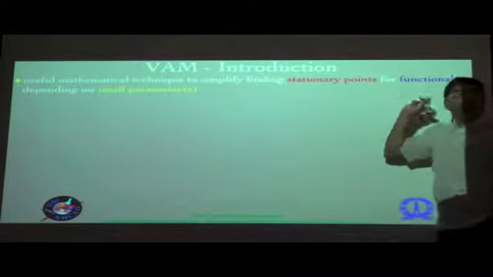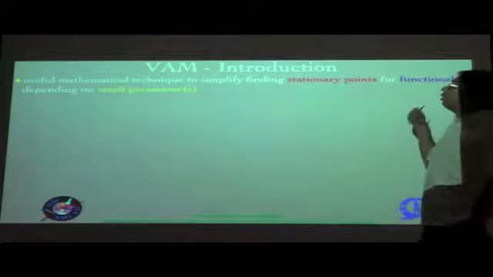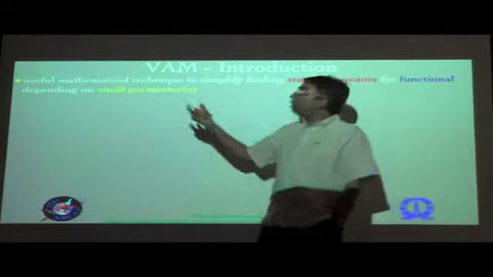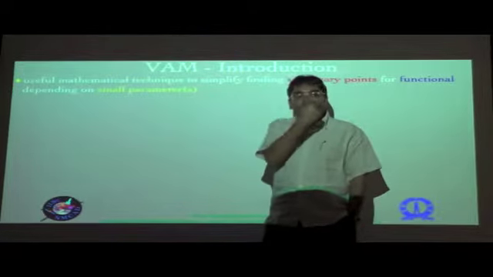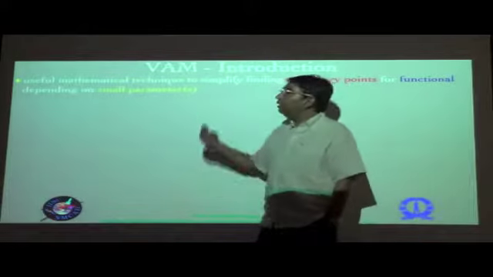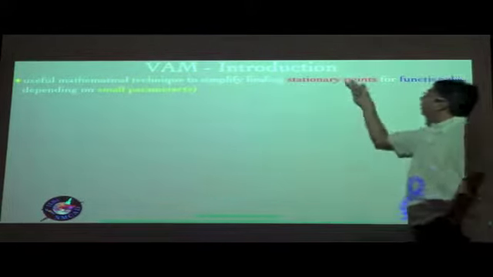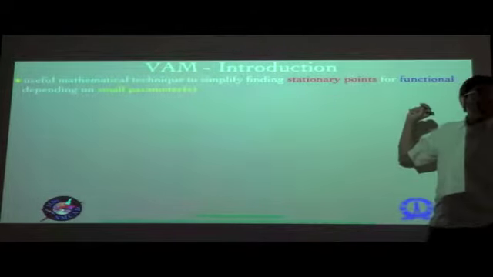Therefore, in most such situations it makes sense to take advantage of small parameters which are anyway there within the problem definition. It's not something that you are making an assumption or approximation beyond the problem definition. It is there in the problem itself, so why not take advantage of that and determine, instead of the exact stationary points of the functional, approximate stationary points of the functional.